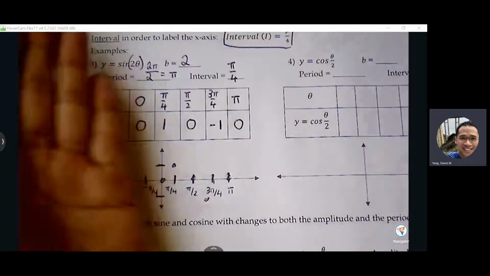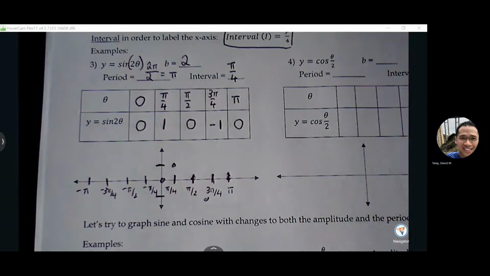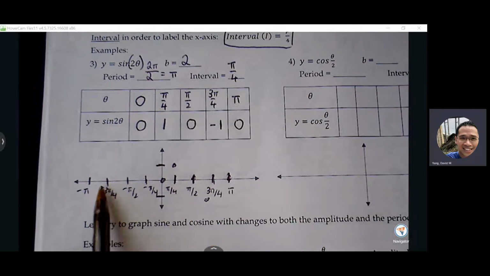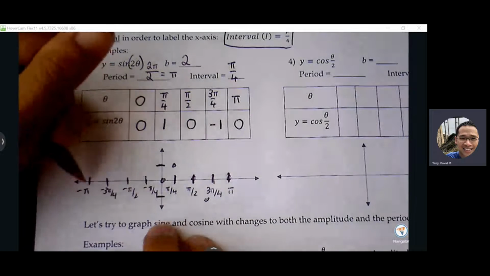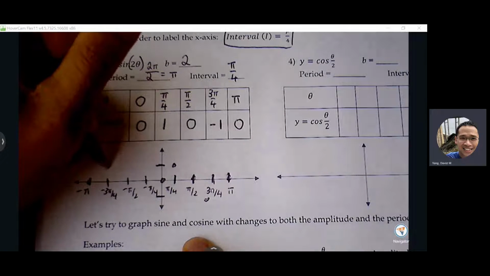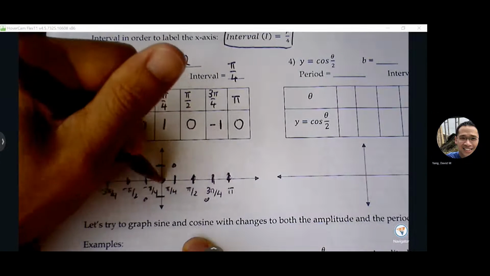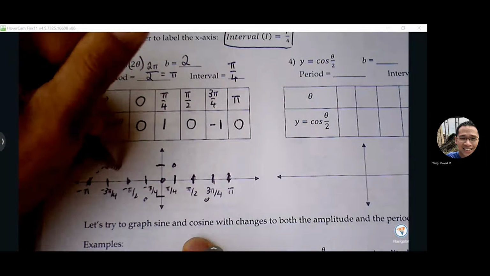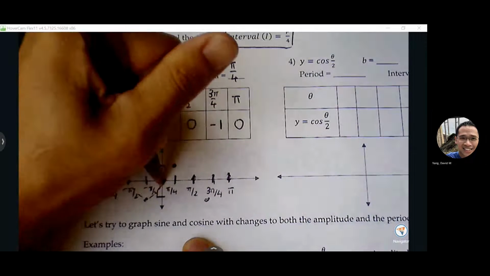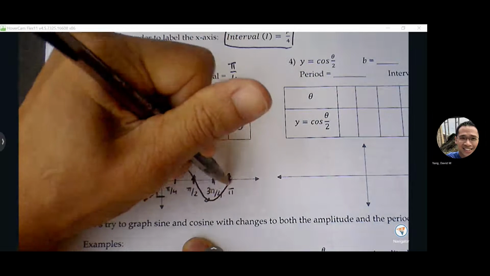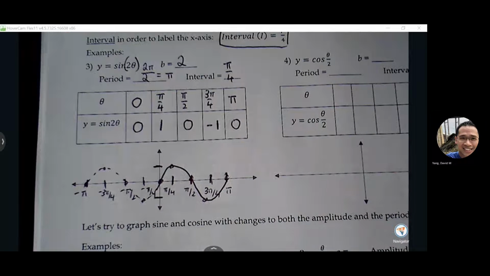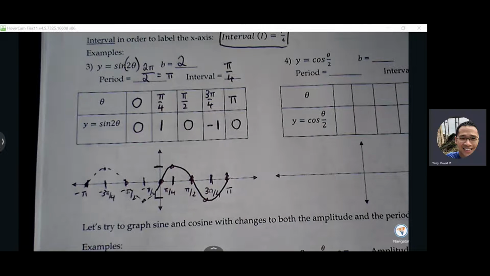You're just taking this graph and folding it over, in terms of the x values. The graph will look a little different, but still the same shape. Any questions there?